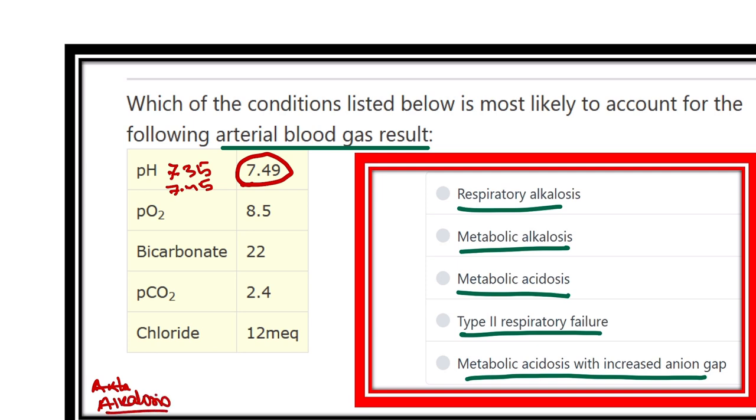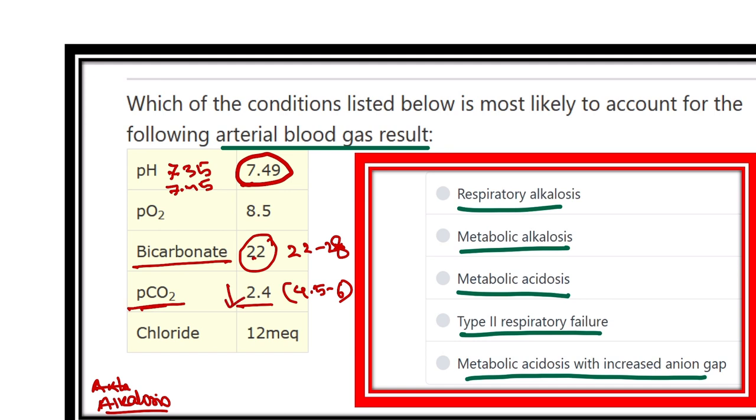For this, let's see the other two important parameters, which are bicarbonate and partial pressure of carbon dioxide. Here we can see the bicarbonate level is normal, because the normal range is 22 to 28. So there is no metabolic cause, and partial pressure of carbon dioxide is 2.4, and the normal range is 4.5 to 6. So it is reduced.